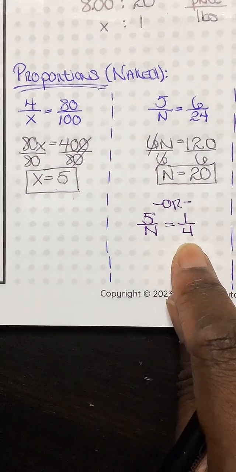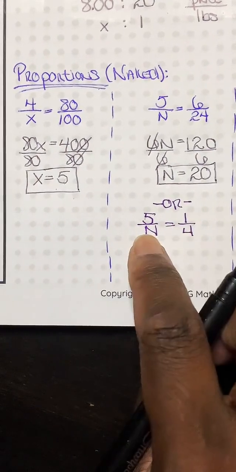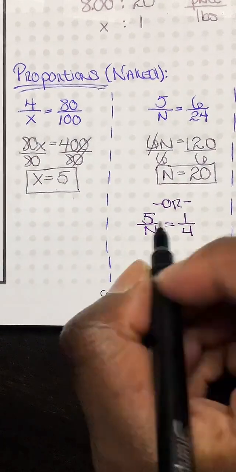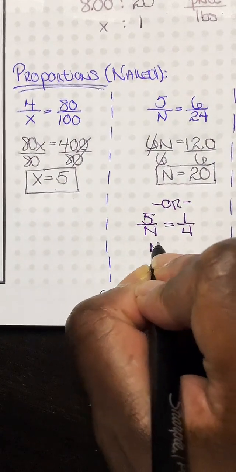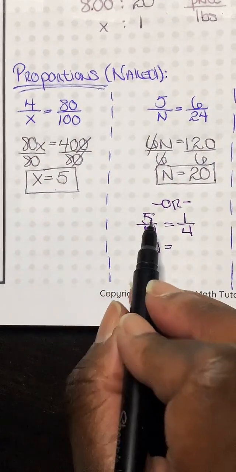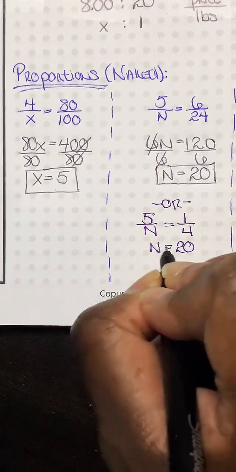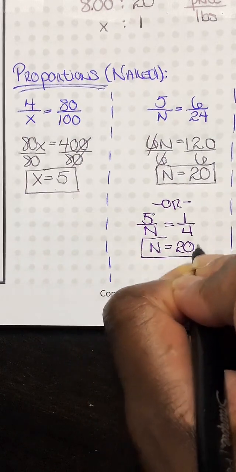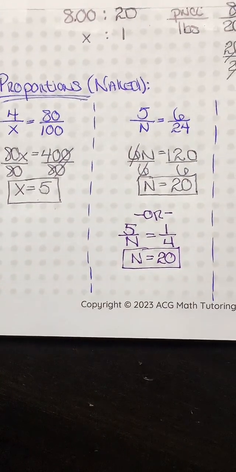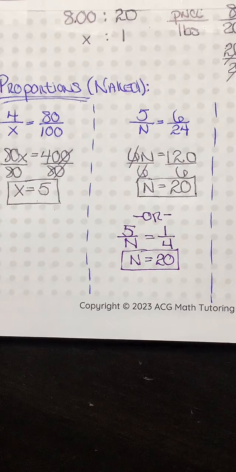Once I do that reduction, now I cross multiply. 1 times n gives me 1n, or just simply n. And then 5 times 4, that'll give me 20. So you have options, okay? You will have options. So it's up to you.